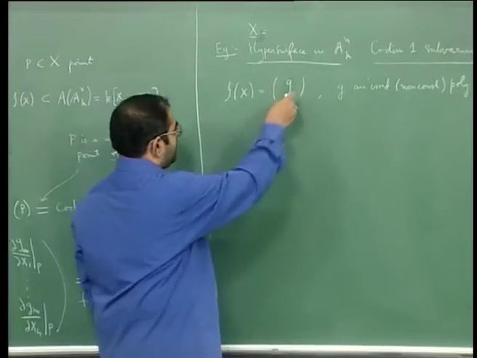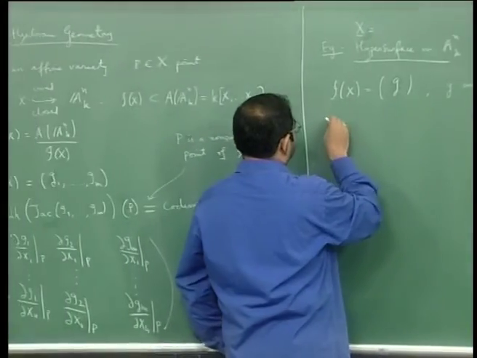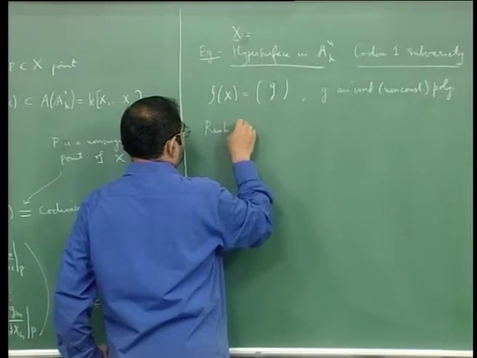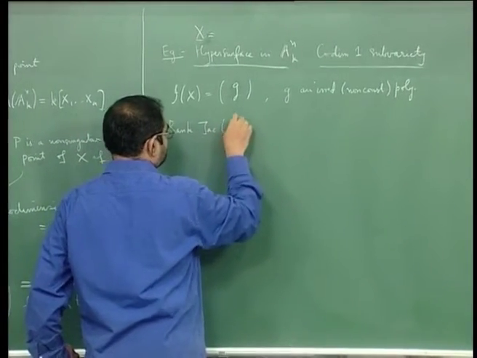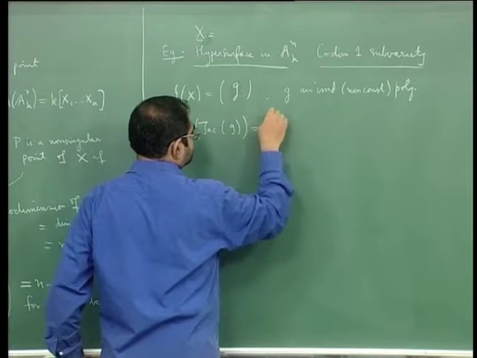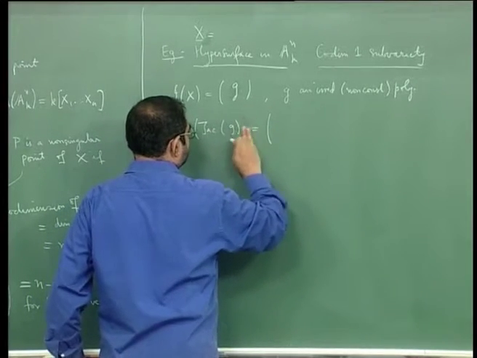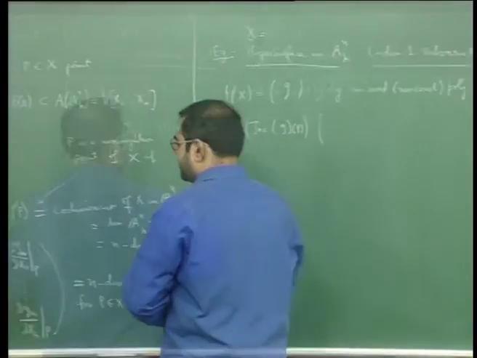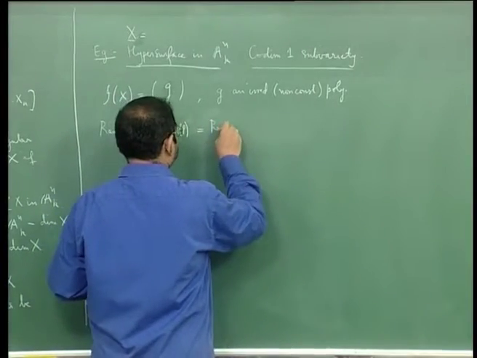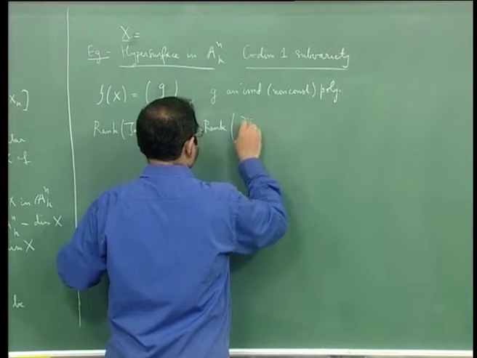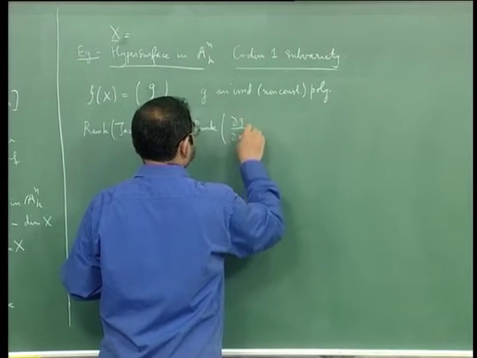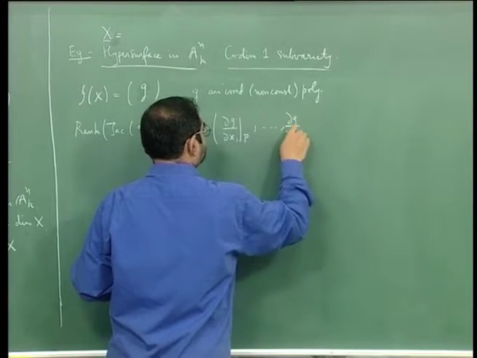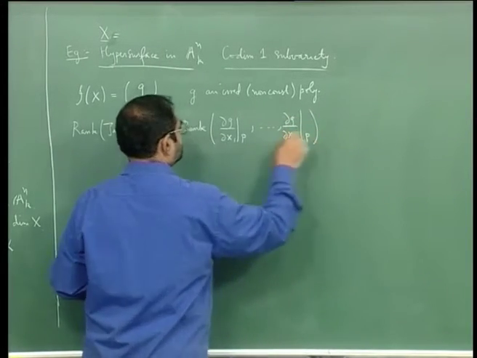If I apply this condition, I will have to look at the rank of the Jacobian of G at the point P, and that's equal to the rank of (∂G/∂x1, ..., ∂G/∂xn).